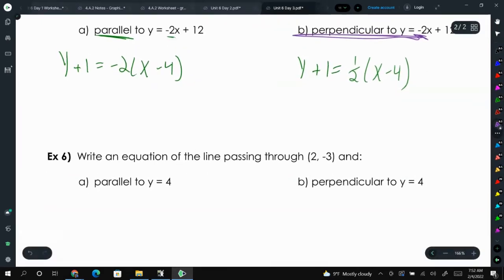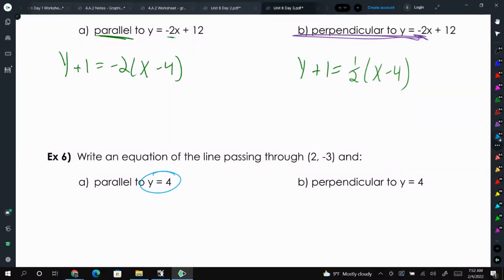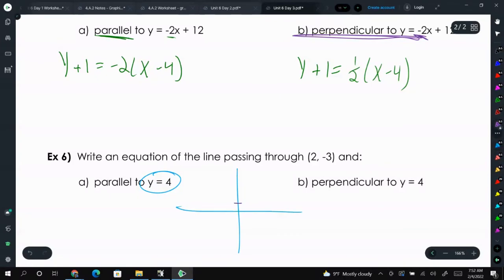Now example number 6, write an equation of a line passing through 2 comma negative 3 and parallel to y equals 4. y equals 4 is a horizontal line. Now if we were just to draw a graph of this real quick, y equals 4 is right here, and it's a horizontal line. The reason why it's a horizontal line is because the y value is 4.